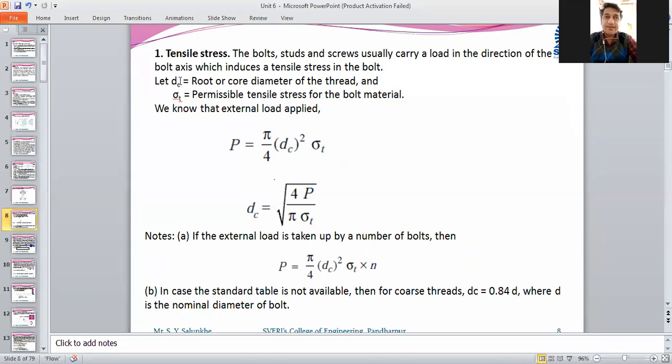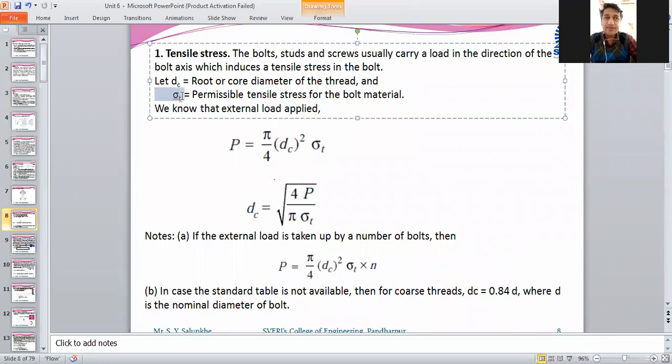Let us consider that DC is the root or core diameter of the thread, and sigma T is the permissible tensile stress for the bolt material. The bolt material is first tested, and then afterwards we know the permissible tensile stress for that material. Now we know that force is equal to the area undergoing stress multiplied by the stress. This formula is derived from stress equals force divided by area.